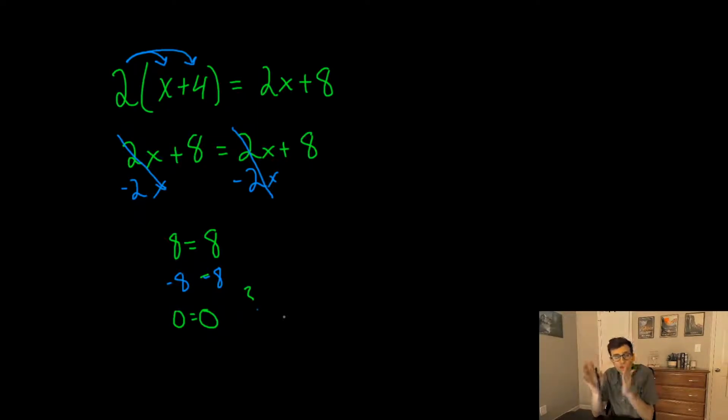Well, it turns out that sometimes we'll have equations that are just that. We call them an identity, or we would say that our solution is any value of x, because right here we got, and I'll rewrite this, 2x plus 8 equals 2x plus 8.